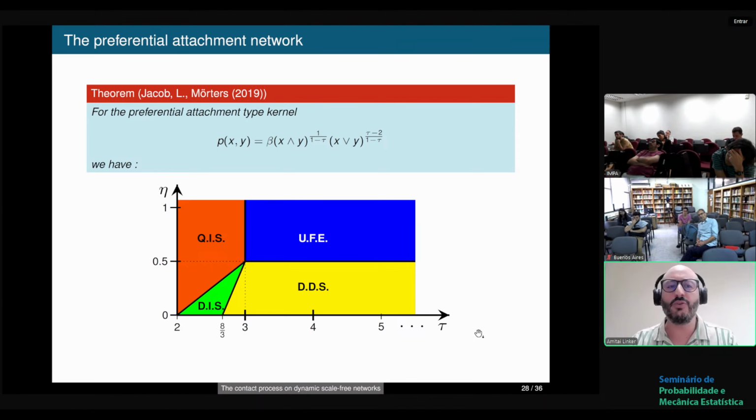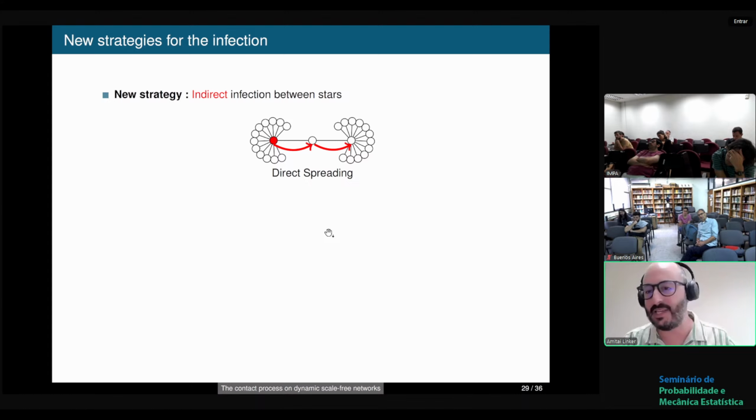So what are these new strategies? Well, it's just the same thing as before, but instead of directly infecting one star and then infecting another one, you use an intermediate step using a connector. It makes sense for the preferential attachment kernels, in which usually stars are not really connected to one another, but are just connected through intermediate vertices.